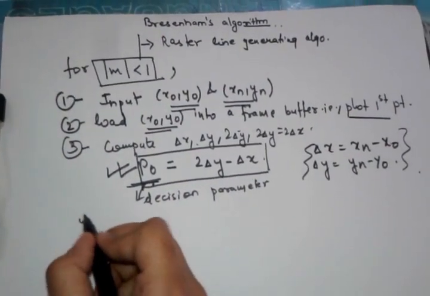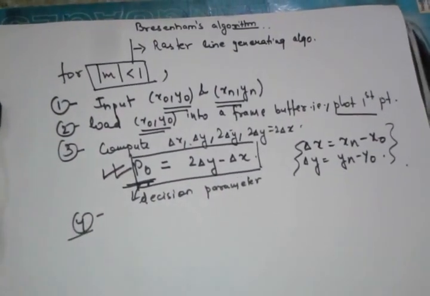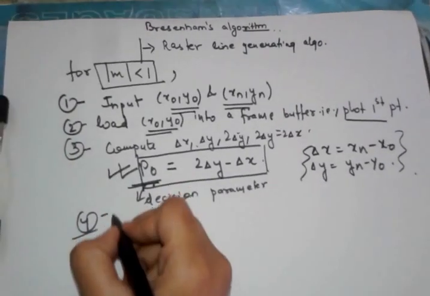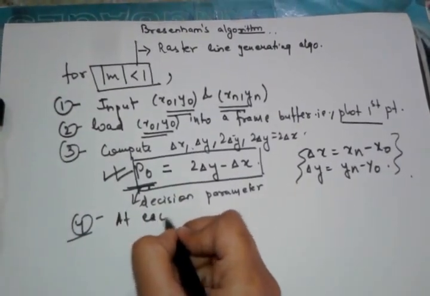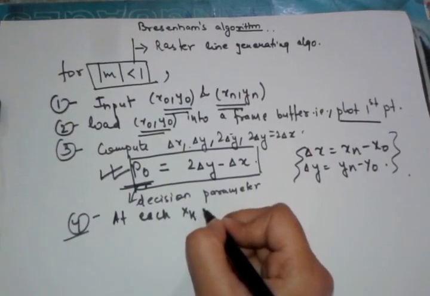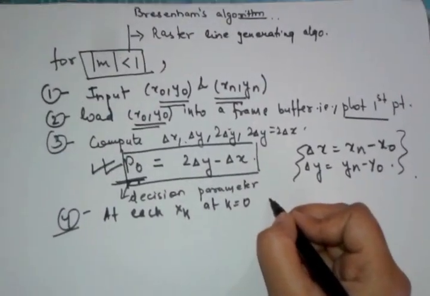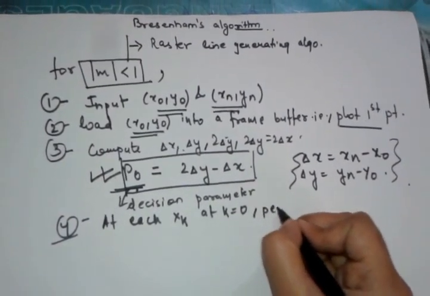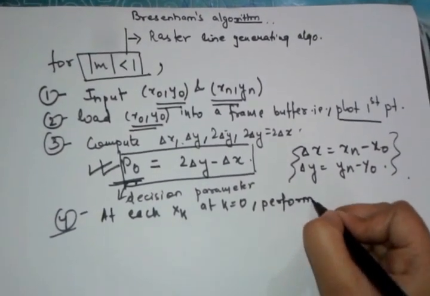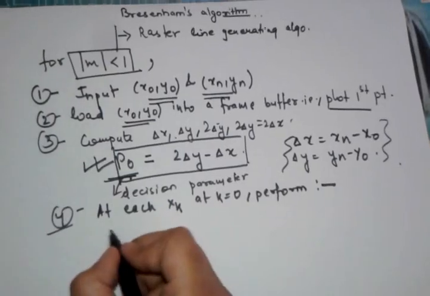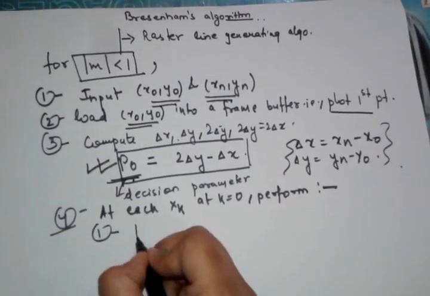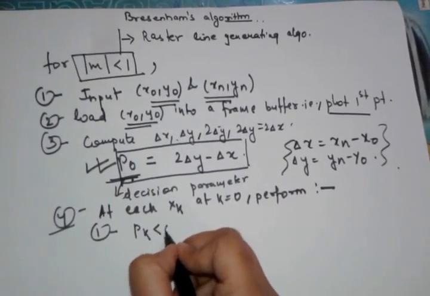The fourth step is, at each xk, starting at k equal to 0, we have to perform the following test. The first test is if pk is less than 0.